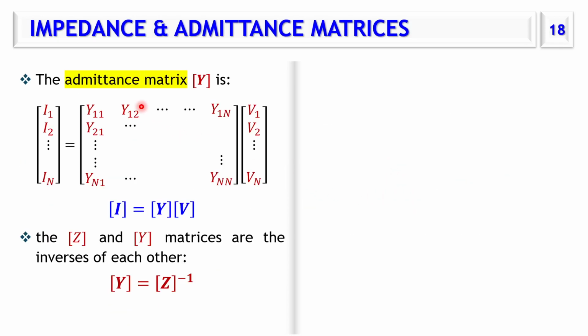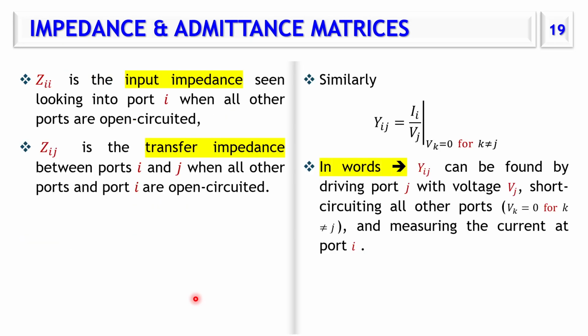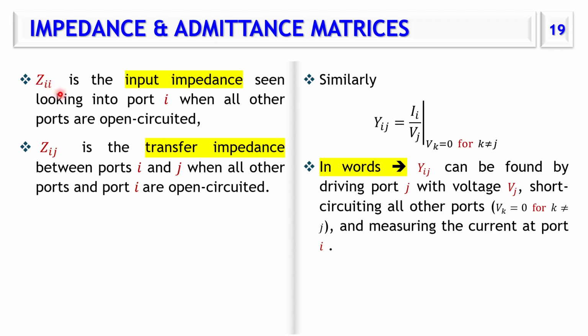The admittance matrix is relating the current to the voltage, and of course the admittance matrix is the inverse of the impedance matrix. So Zii is known as the input impedance seen looking into port I when all other ports are open circuit.